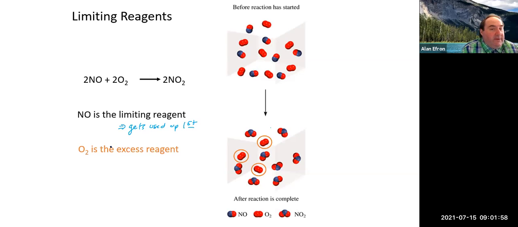Then that means that there is another reagent that you have plenty of, and that is the excess reagent, where you have plenty of it. You have some left over when it's all said and done. So we have a limiting reagent and we have an excess reagent.